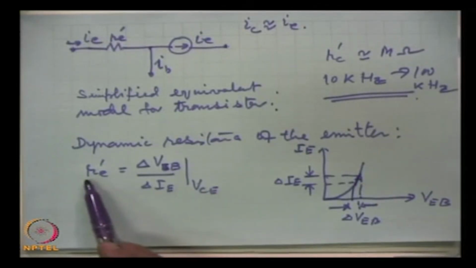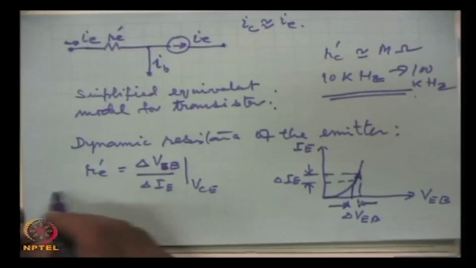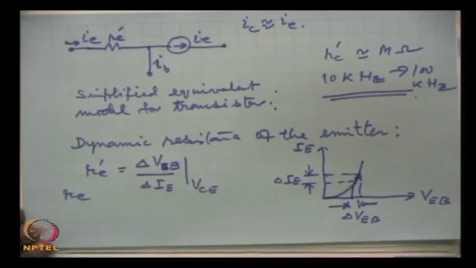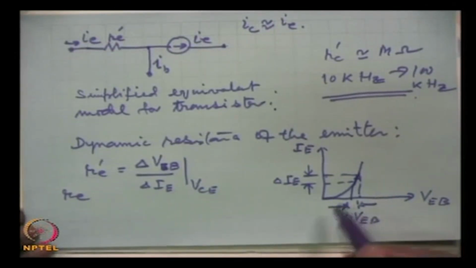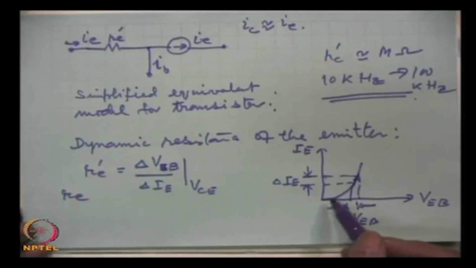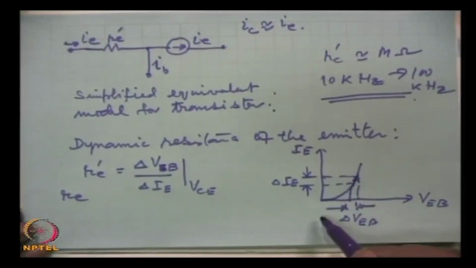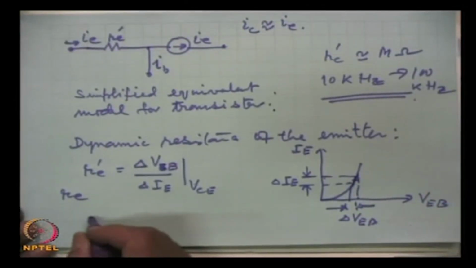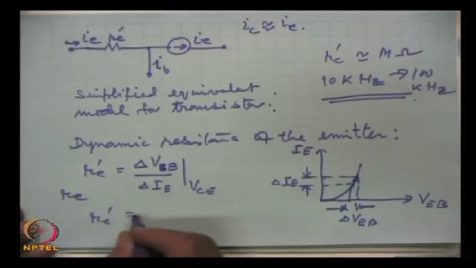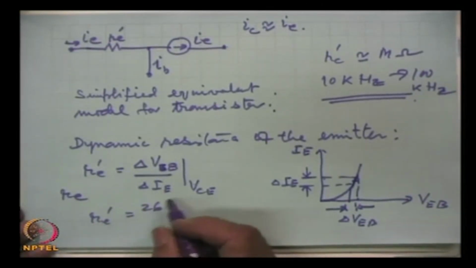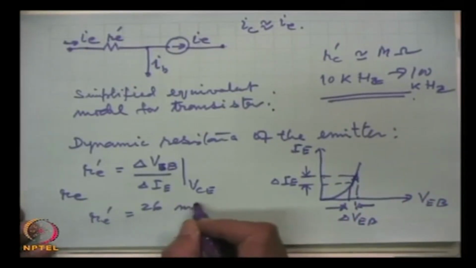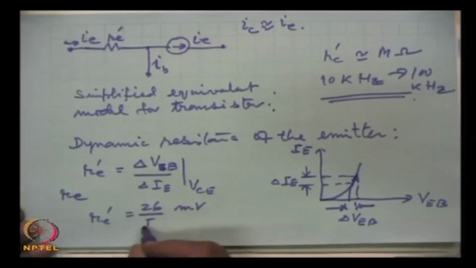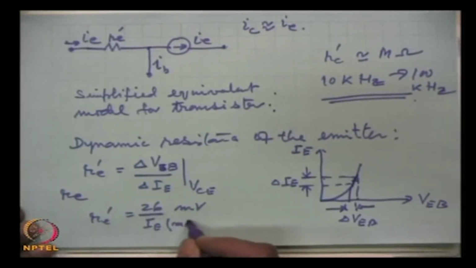It is written either as R E prime or many times just as R E, and instead of determining it experimentally, we can find it by a simple equation. It can be shown that R E prime is equal to 26 millivolts divided by I E, the DC emitter current, when I E is in milliamperes.